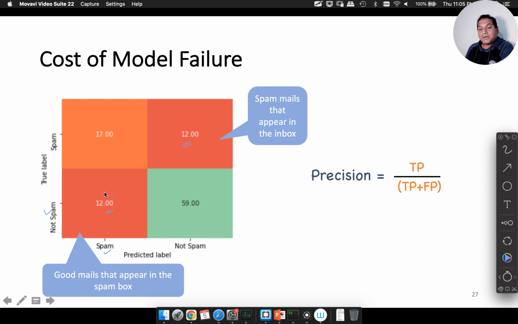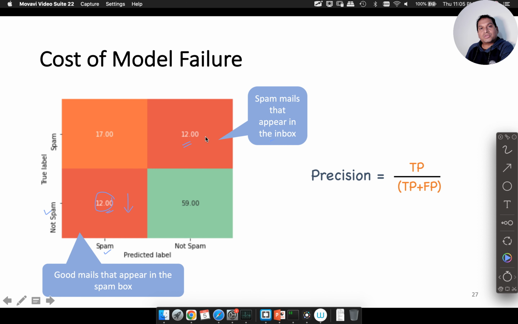So as the number of false positives increases, there could be a loss of trust in the system. Hence, in cases like this, the false positives have to be minimized as much as possible, even at the cost of false negatives becoming very high.